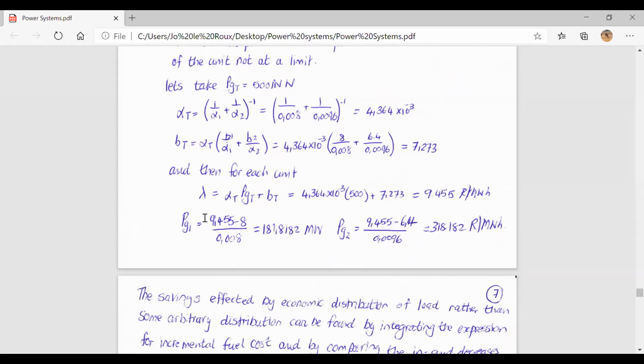PG1 will be lambda minus 8 divided by 0.008. That gives us 181.812 megawatt. And PG2 is the same: 9.455 minus 6.4 divided by 0.0096, and that gives us 318.182. So if you sum those two, you will find that it's 500 megawatt.